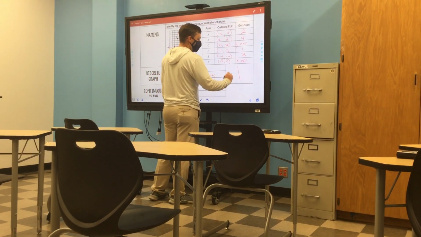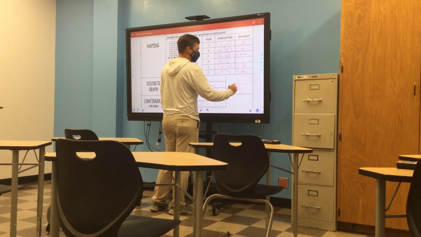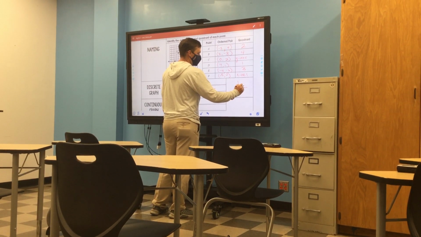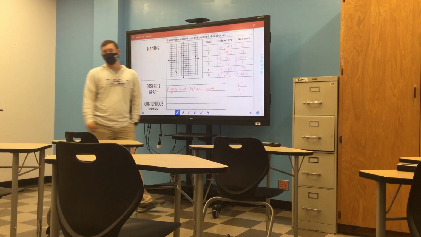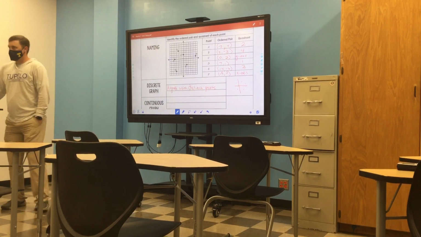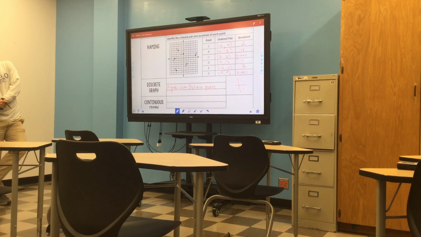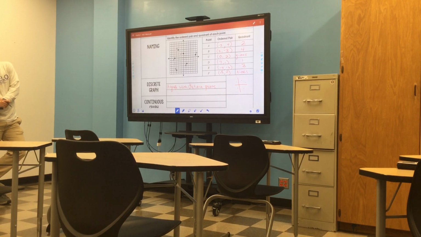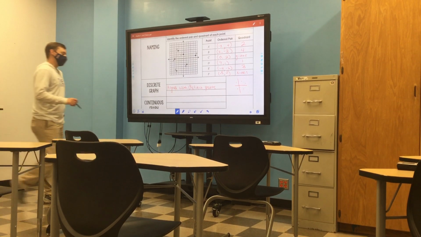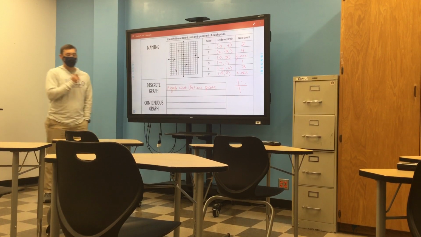So a graph that would look like this. Kind of like what we just had above. Distinct points. Then you could have a continuous graph.